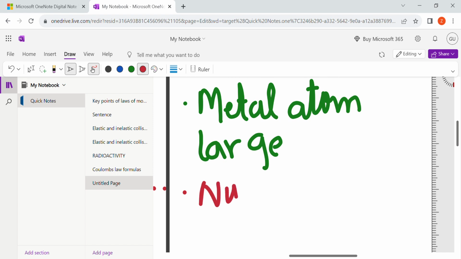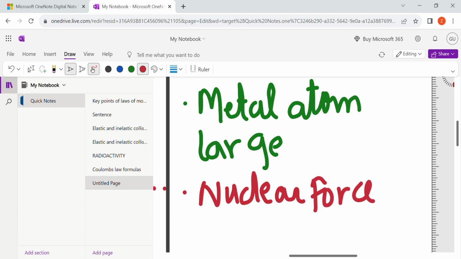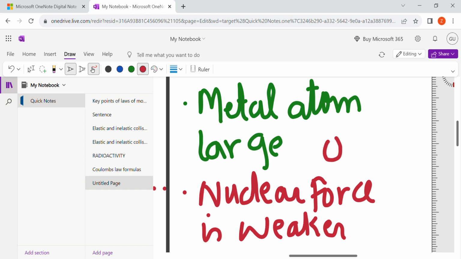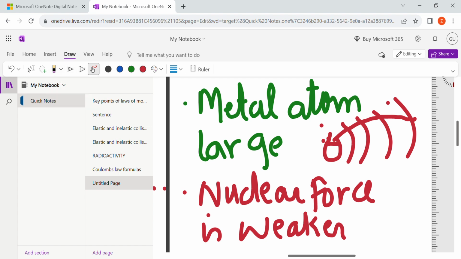Nuclear force is weaker. Okay, because the bigger the size, the shell will be farther from its nucleus, and so the forces of attraction are very weak in the metal atoms.